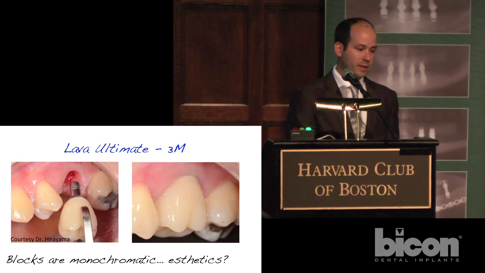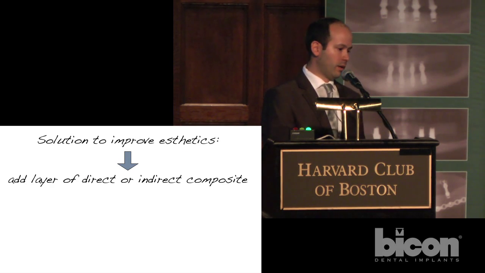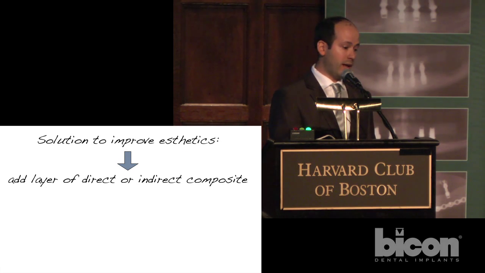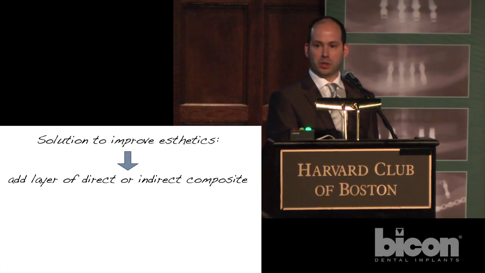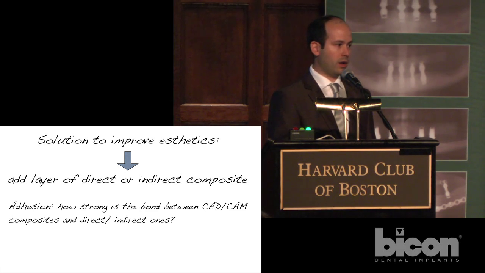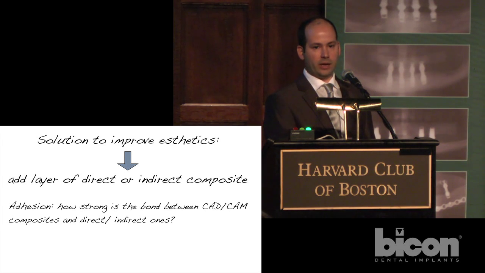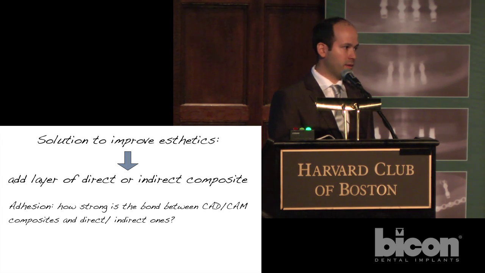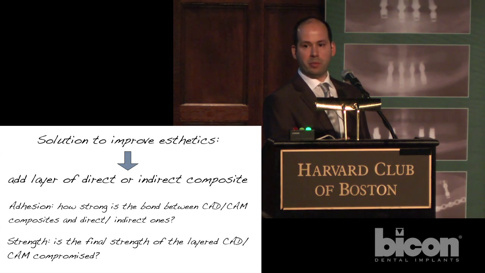Can we improve that somehow? Yes, we can. We could add a layer of direct or indirect composite onto an under-milled CAD/CAM block. Okay, so obvious questions: how strong is the bond between the CAD/CAM composite and a direct or an indirect composite? And obviously, what is the strength of a repaired crown?